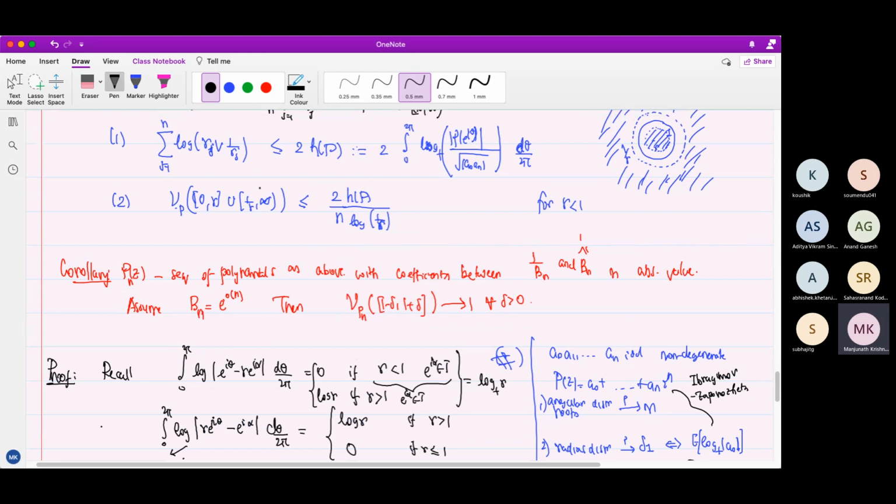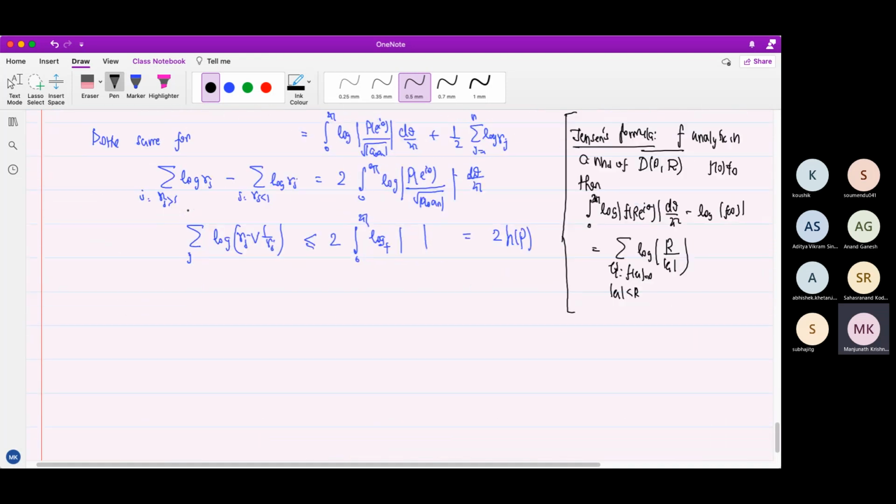Now, in the last couple of minutes, let me say how this comes from this by just a Chebyshev inequality like thing. Okay, so this proves one.